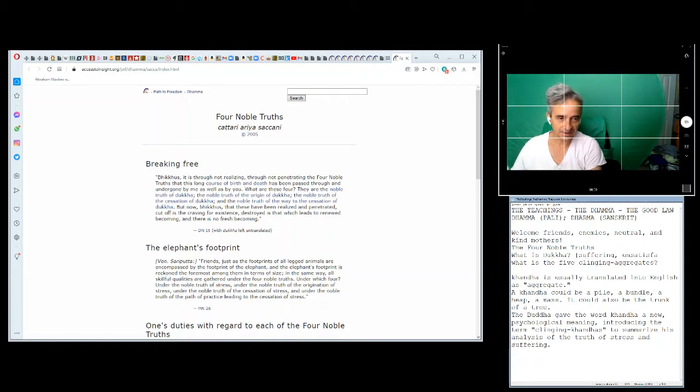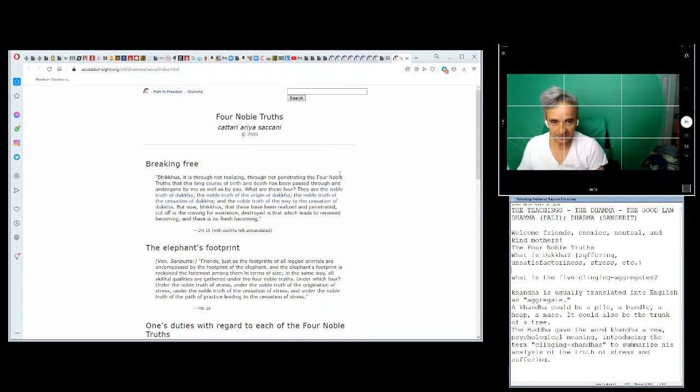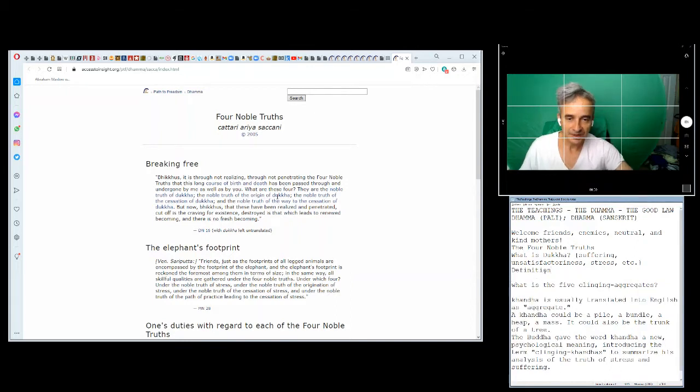What is this? The five aggregates. Okay. What is this? Setting the wheel. The first noble truth, when you go to it, there is the definition. The definition of dukkha is right there. Well, it's in the Sutta Nikaya 511.